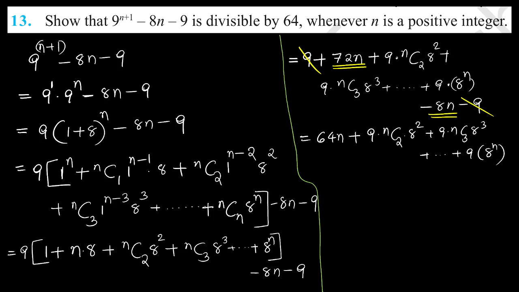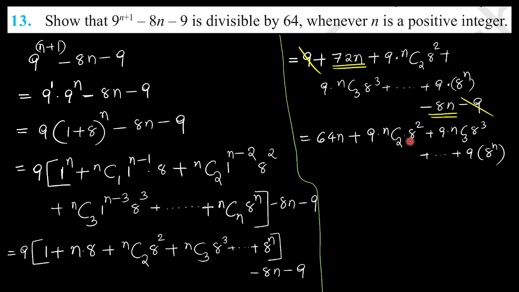In the next step you will get the answer. You can see that this entire term is divisible by 64 because 64 is present in every term. The first term contains 64.